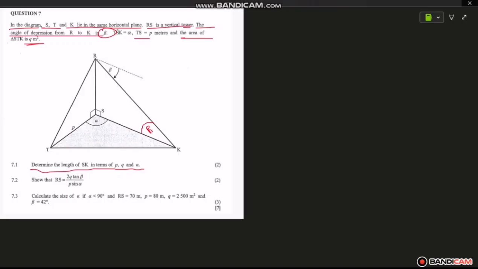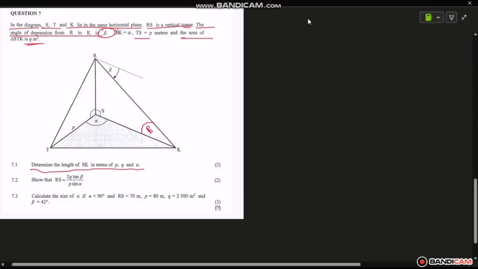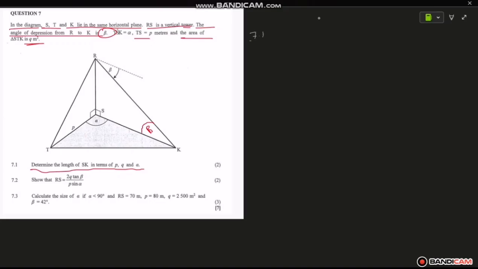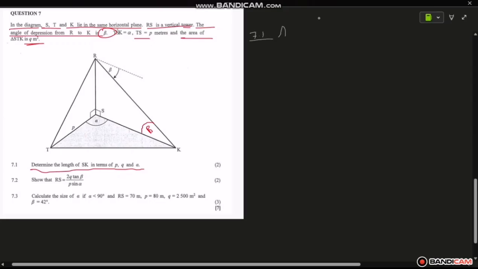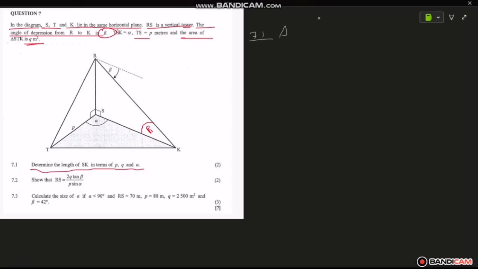Therefore, we can use the sine rule. I'm not sure if you understand why I'm saying we can use it. It's because we have two sides, which are TS and SK, the one that they want us to determine, plus the area. I hope it makes sense.